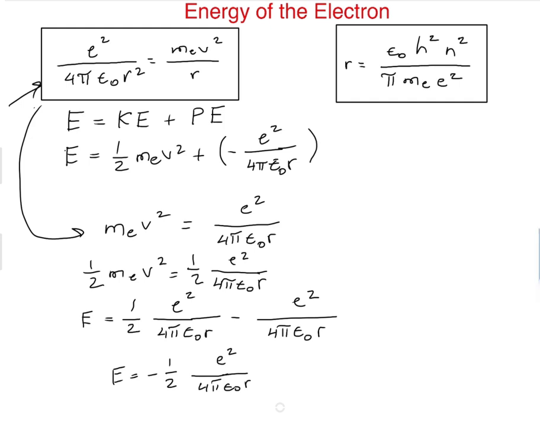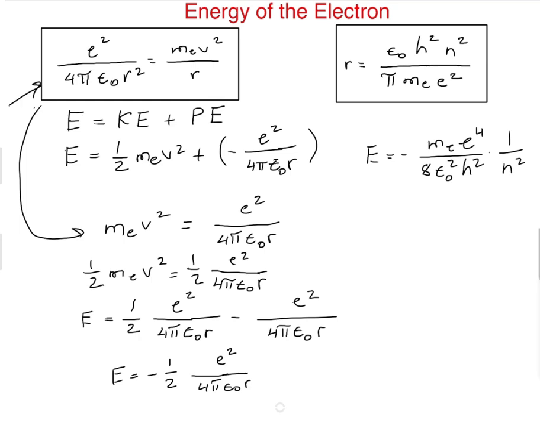I'm going to write the steps right here. When we do that, we should get E is equal to negative m_e e to the fourth divided by 8 epsilon squared h squared times 1 over n squared.